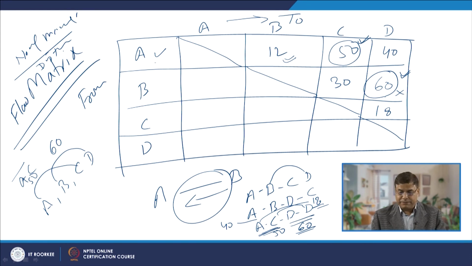But here this is the first stage, where the flow matrix will help us identify the work centers where the movement is maximum, so that they can be brought close to each other, while distance is not a criterion and cost is also not a criterion. Only the extent of movement is being considered to bring the two work centers close to each other.